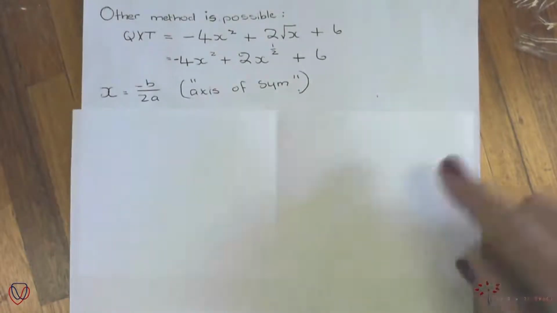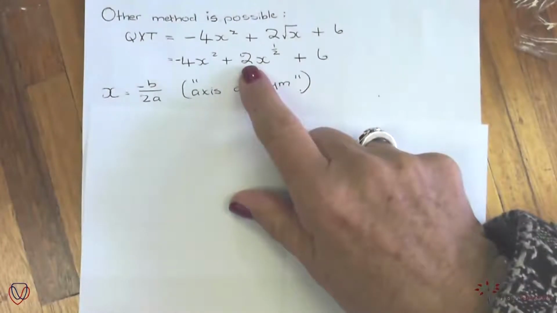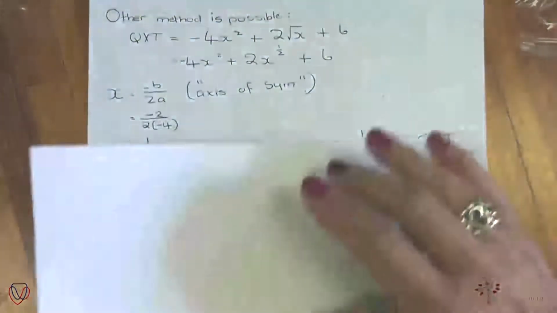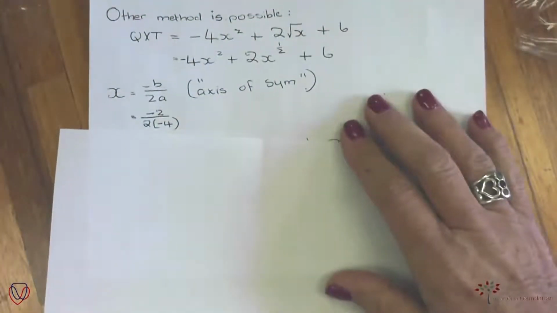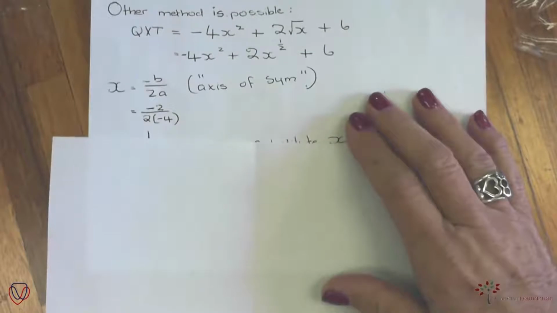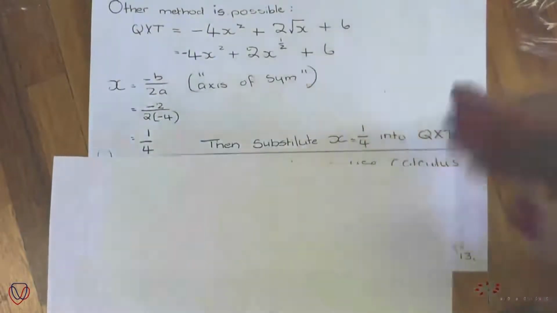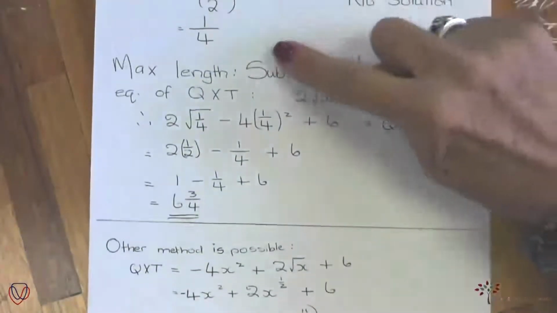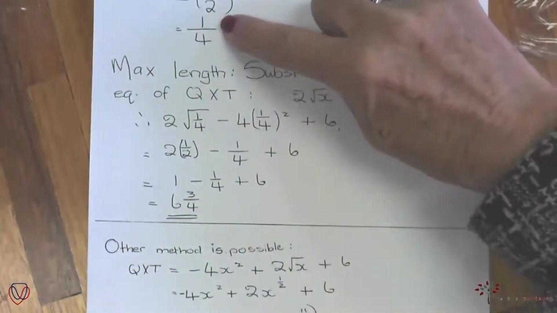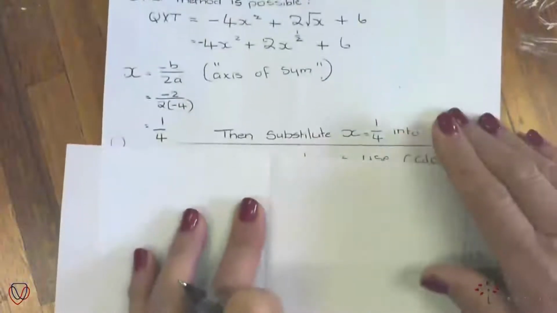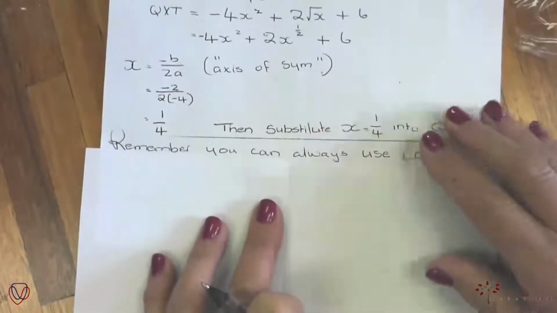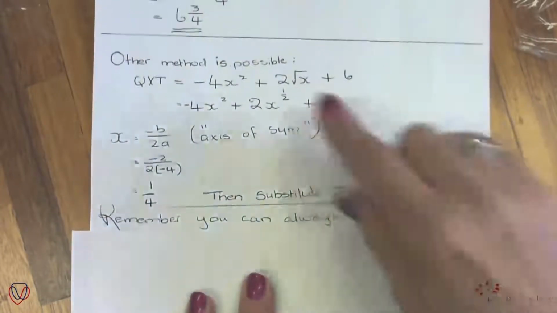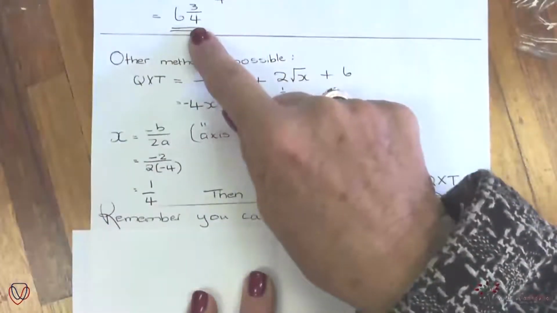Then I say x is minus b over 2a, which is minus 2 over 2 times minus 4, which is minus 8. And that will give you minus 2 over minus 8, and that is a positive a quarter. And then you do exactly the same that you did there on top, where you found the x using calculus. You take that quarter, substitute into the original formula, and you will also get 6 and 3 over 4.